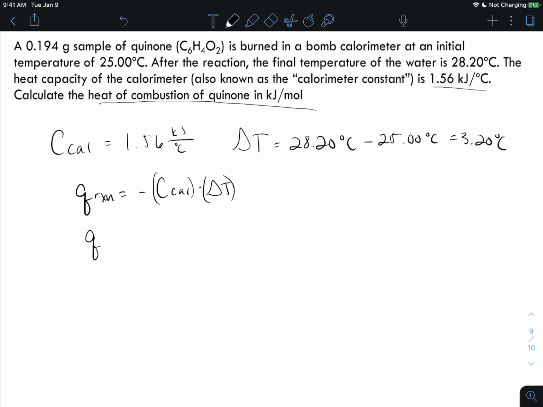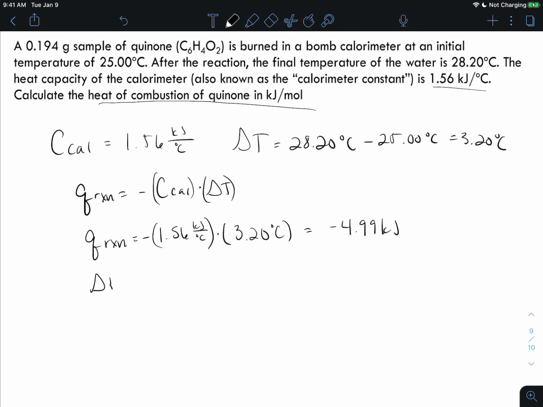So our Q of our reaction is equal to negative 1.56 kilojoules per degree Celsius. We don't need to change this out of kilojoules as we want our answer in kilojoules anyways. And then multiply that by our temperature change, 3.20 degrees Celsius, and we get a Q of reaction of negative 4.99 kilojoules. And this is per the amount of sample we have.